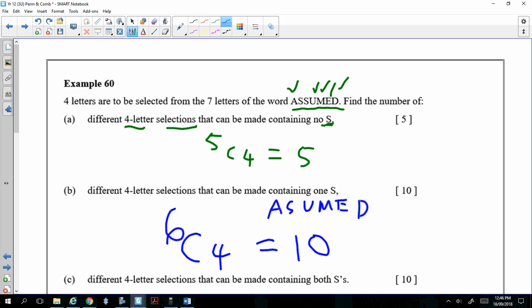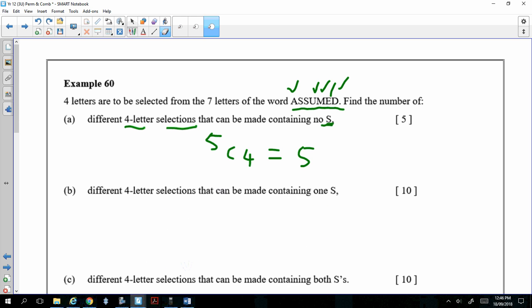You only have to select 3 letters from 5. Does that make sense? Because one S is included, you only need to select 3 letters. Get the idea?